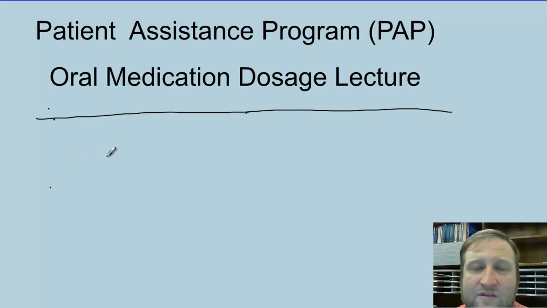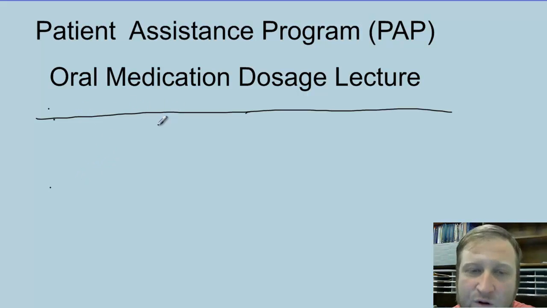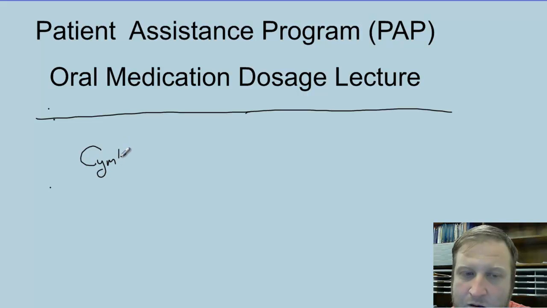In the supplement for the training for the Health and Hope Clinic Pharmacy pharmacists and technicians, there's a guide on what drugs we commonly use for patient assistance programs, but specifically for oral medications, there are some that you're going to see more frequently than others. First of all, what you're going to expect to see is Cymbalta. Cymbalta is a very common PAP oral medication. Again, this is PAP oral: tablets or capsules, things that we can swallow.